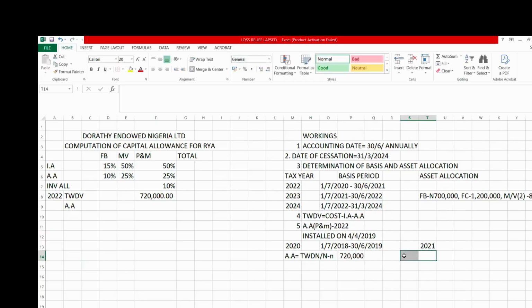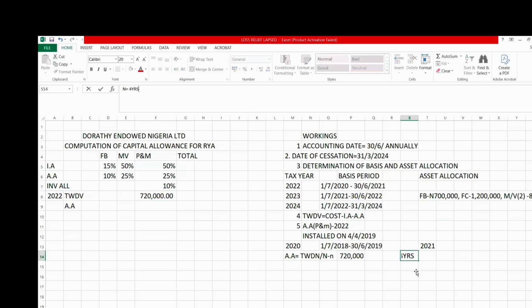And big N for this plant and machinery, available for annual allowance claim at 25%, should be for how many years? 4 years. That is 100 divided by 25, so our big N is 4 years.